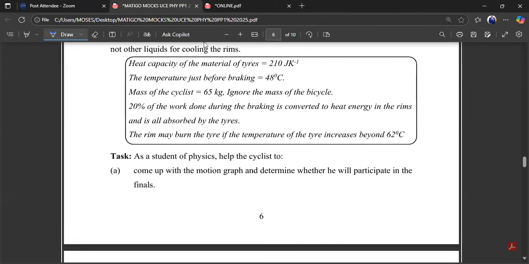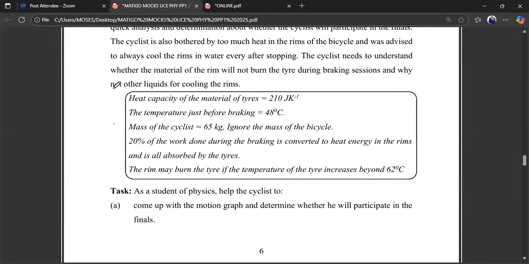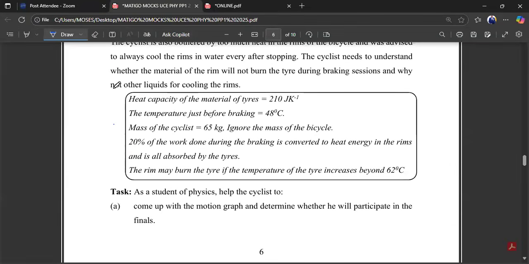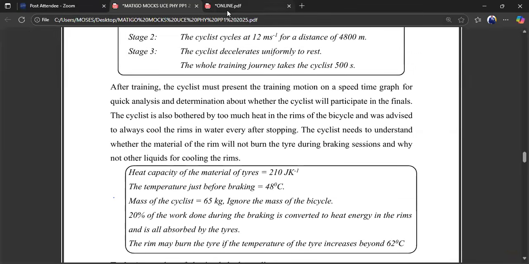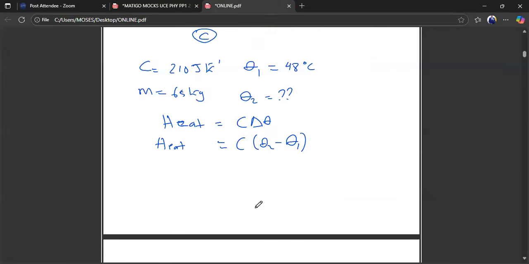Now let us come and find work done. How do we find work done? Work done is given by force times distance.